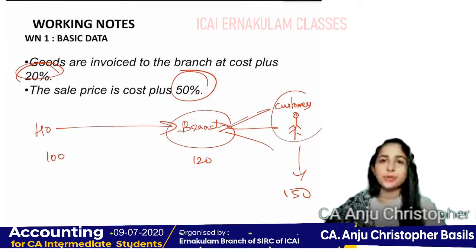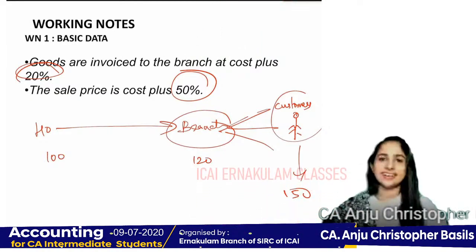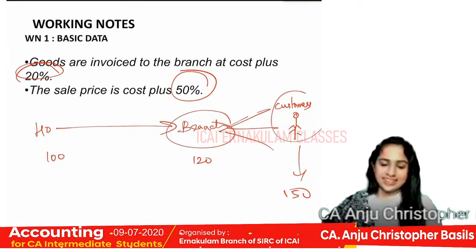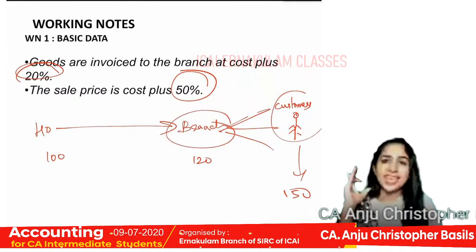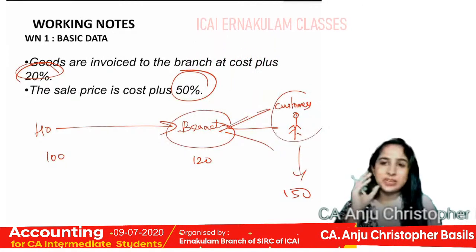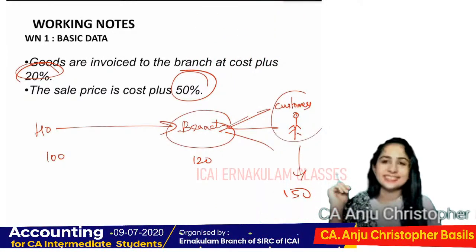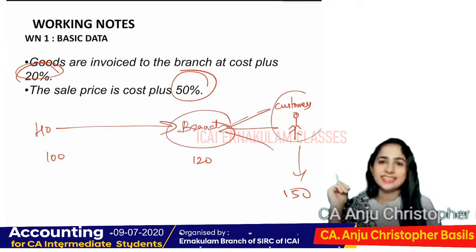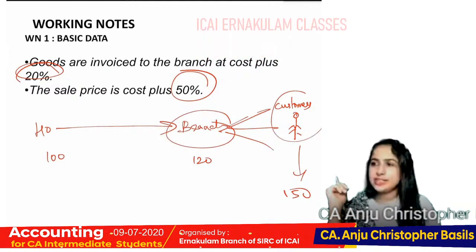Everybody, once you're done, drop your messages. It's very simple to compute the closing stock. We are computing the profit as it is, the standalone profit of the branch.